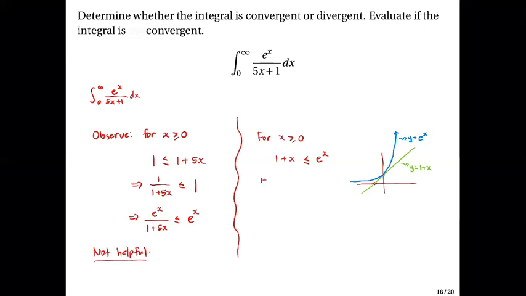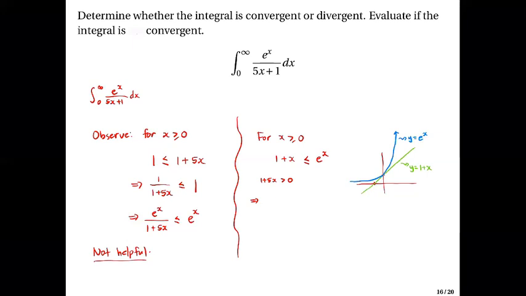Also, 1 plus 5x is greater than 0. So what we're going to do, divide everything by 1 plus 5x. The inequality will not change.